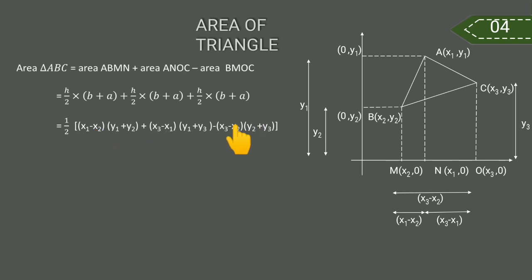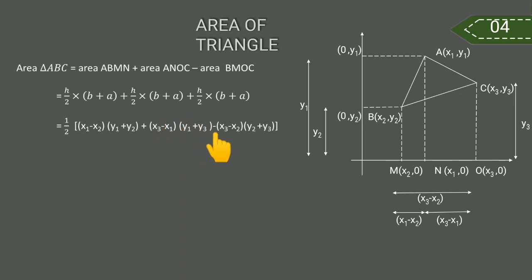Now simplify this. For the multiplication of the two brackets, we get x1 into y1, x1 into y3, and in the same way minus x2 into y1 and minus x2 into y3. For the second bracket, x3 multiplied by y1, x3 multiplied by y3, minus x1 with y1 and minus x1 with y3.